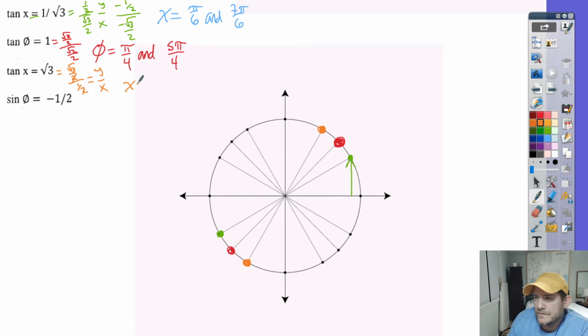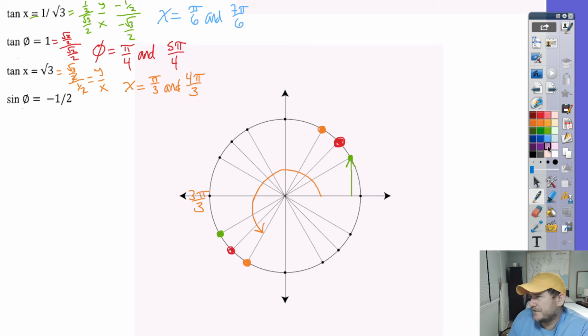So x equals pi over 3. And 4 pi over 3, because remember this is 3 pi over 3. So we're traveling an extra pi over 3 to get here. So we went 3 plus 1 more, so that's 4 pi over 3.